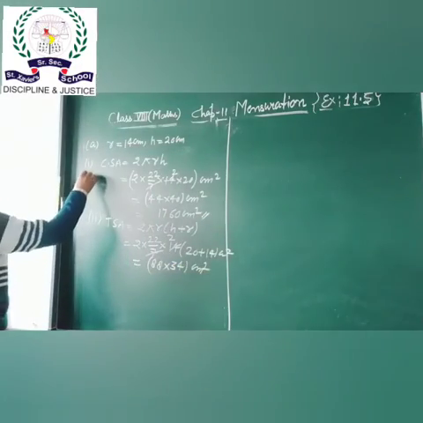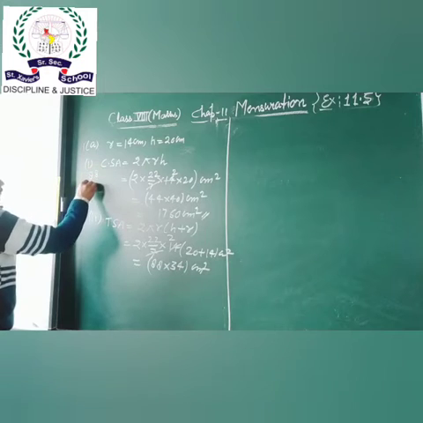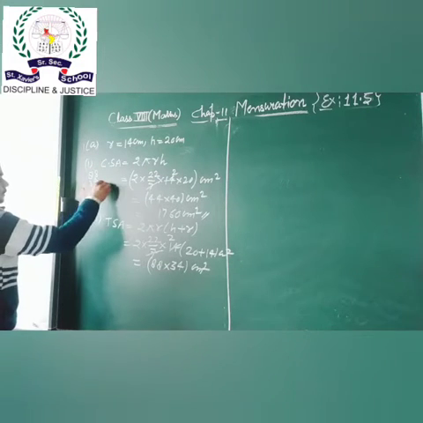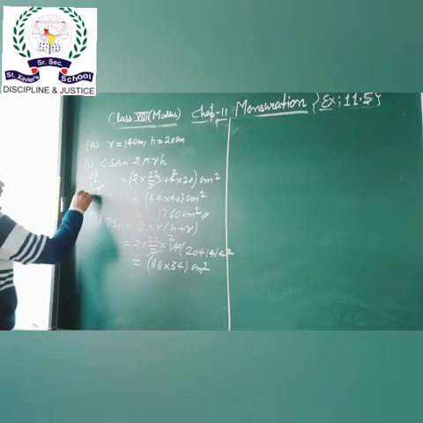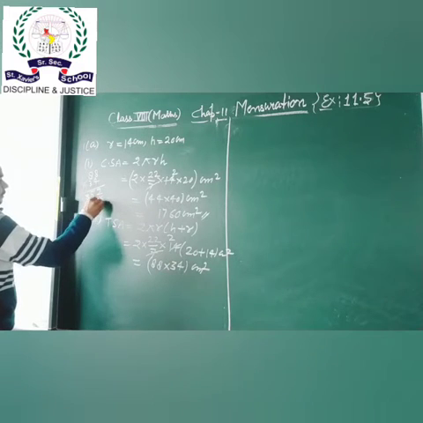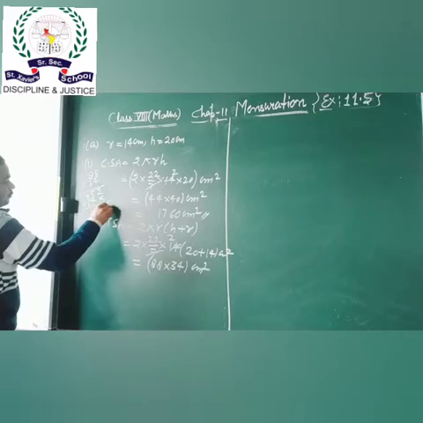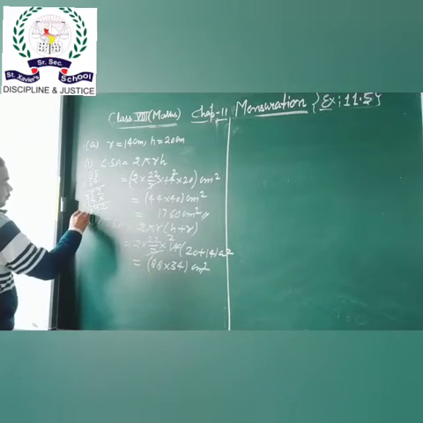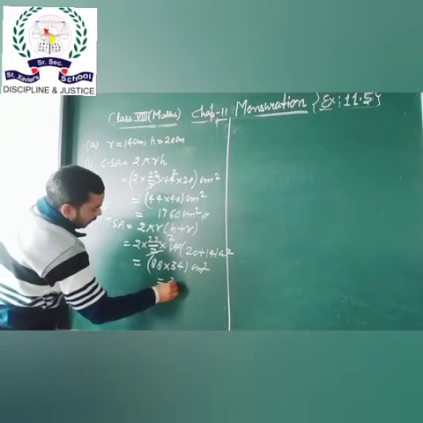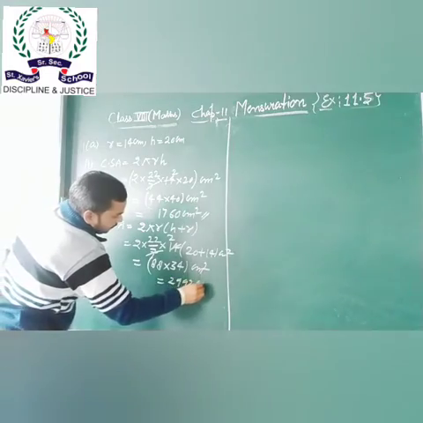Then multiply 88 into 34, which gives 2992 centimeter square.